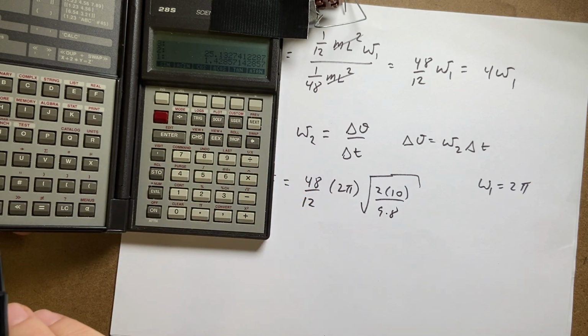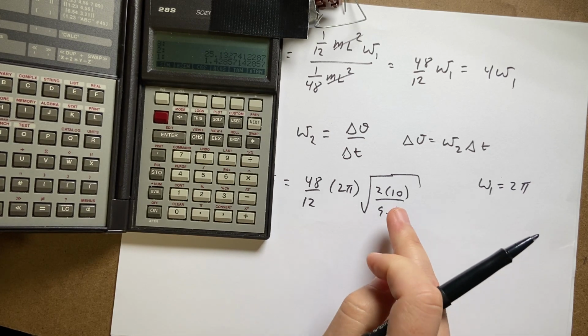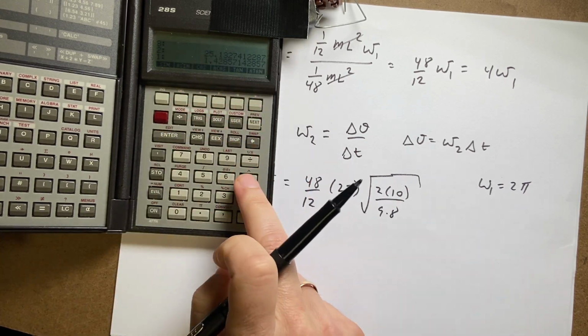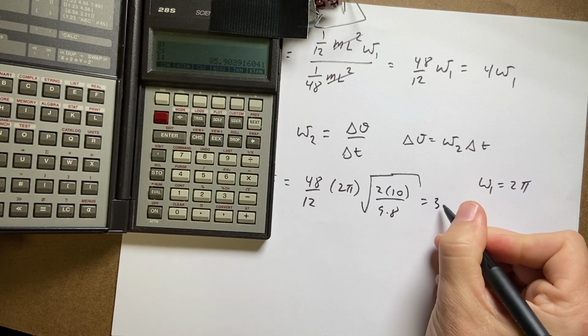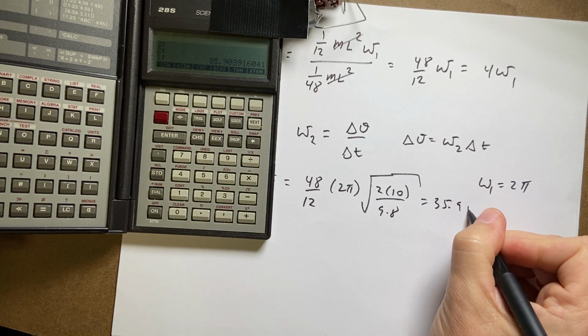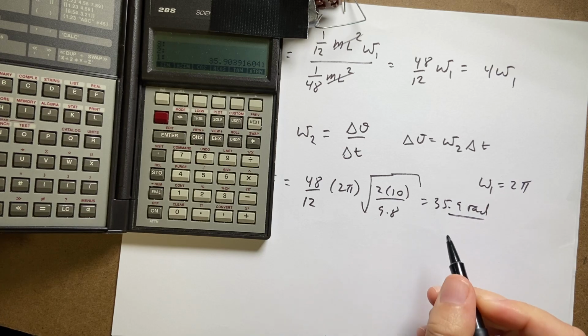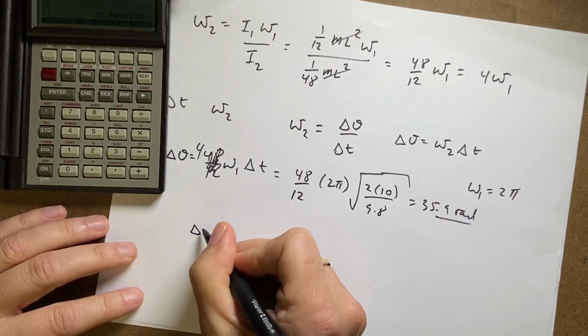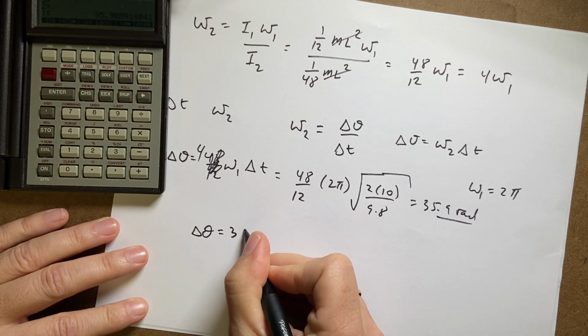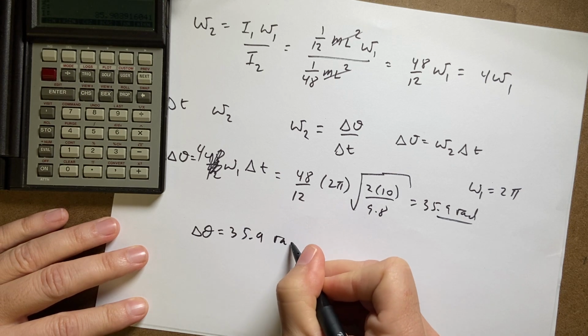So that does seem realistic. I mean, that's actually kind of long, but it's 10 meters, right? You've got time to think about that. And then I multiply this together, and I get 35.9 radians. Okay, so now if I want to convert that, delta theta is 35.9 radians.